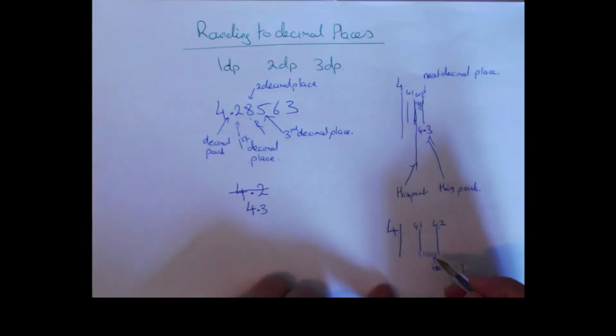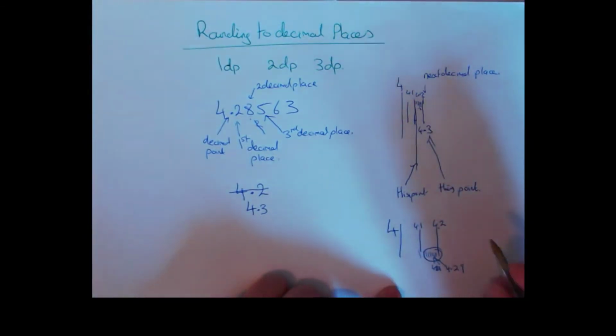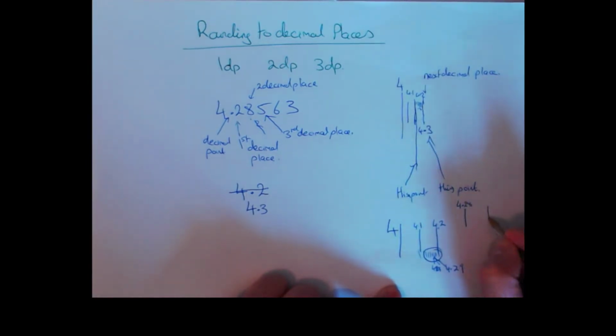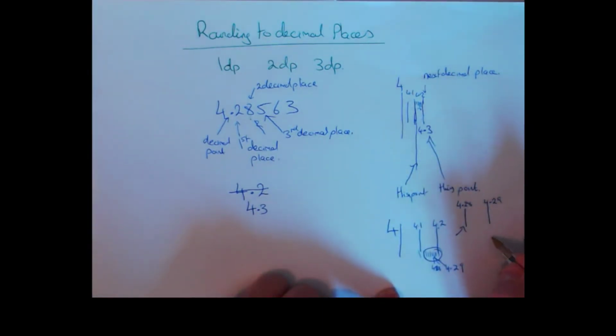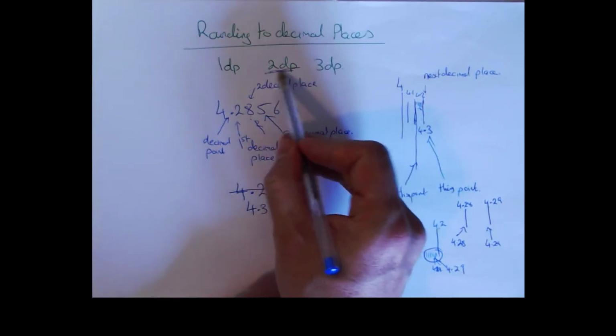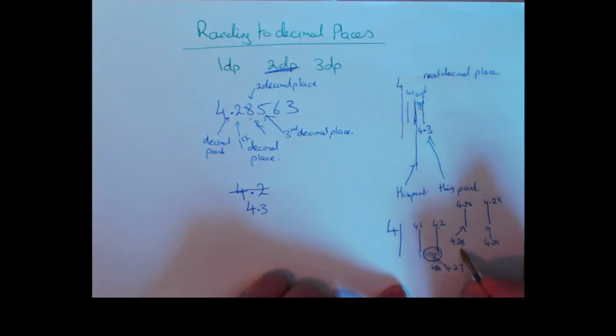And again, let's zoom into this picture here and see what we have. In this picture, we're going to have 4.28 and 4.29. The question is, am I closer to 4.28 or 4.29? If I ask for something to the second decimal place, that means I'm counting here.